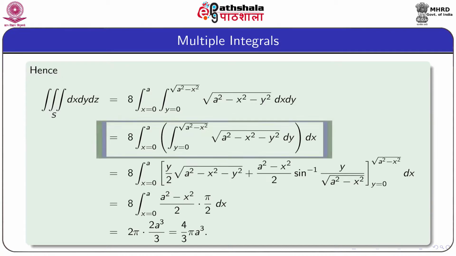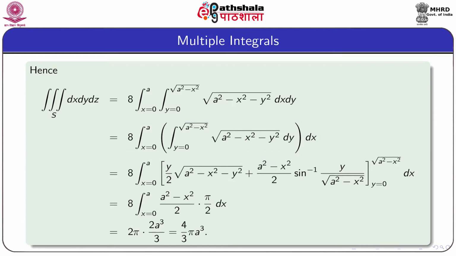And this equals the integral x equal to 0 to a, integral y equal to 0 to square root of a square minus x square, of square root of a square minus x square minus y square dy, and this integral is integrated with respect to x.